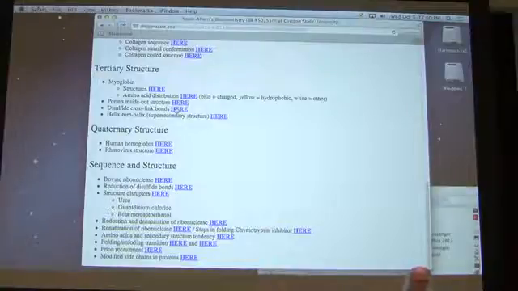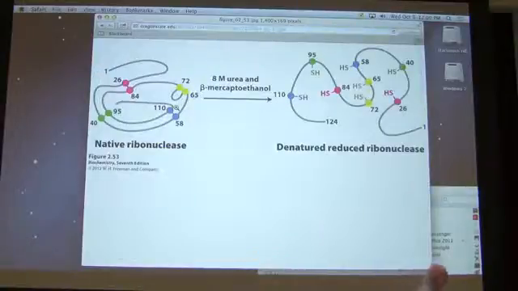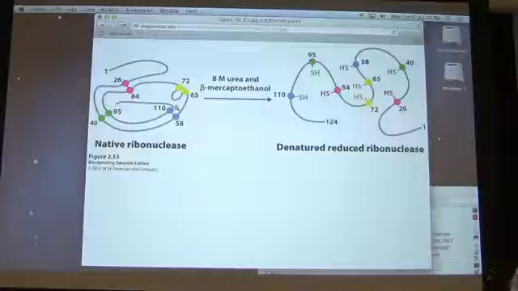So the first thing I want to talk about is something I've alluded to on a couple of occasions, but I haven't explicitly shown it to you. And I think it's a pretty critical component of protein structure. They're known as disulfide bonds. Disulfide bonds are, you may recall, covalent bonds that form between the side chains of cysteine residues.